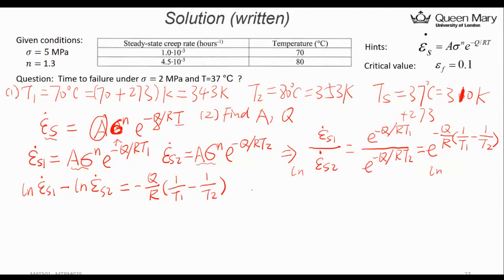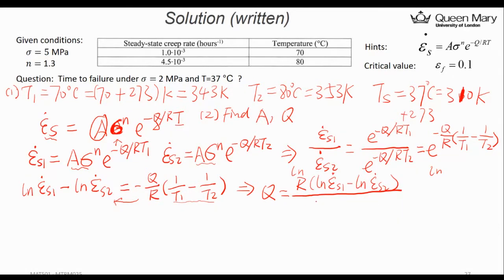By doing that, we just rearrange the equation. We want to find Q, so R goes to the left side, and we divide the whole term.